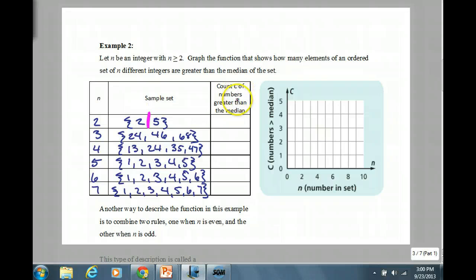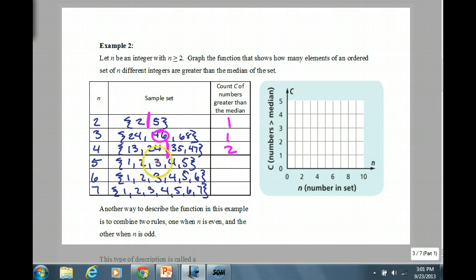I want to know how many numbers are greater than the median in that set. 1. So my answer is going to be a 1 here. Okay, and the next one, my median is actually 46. Right? So I want to know how many numbers in that set are greater than 46. 1. Okay? My median on this one, on number 4, would be right between 24 and 35. So how many numbers in the set are bigger than that? 2.